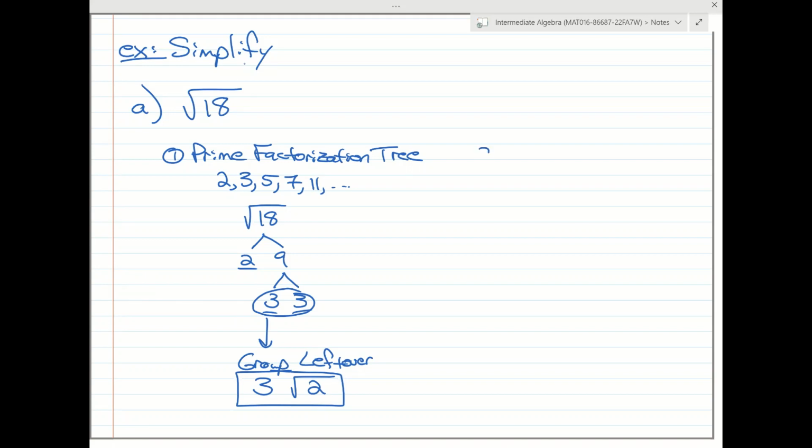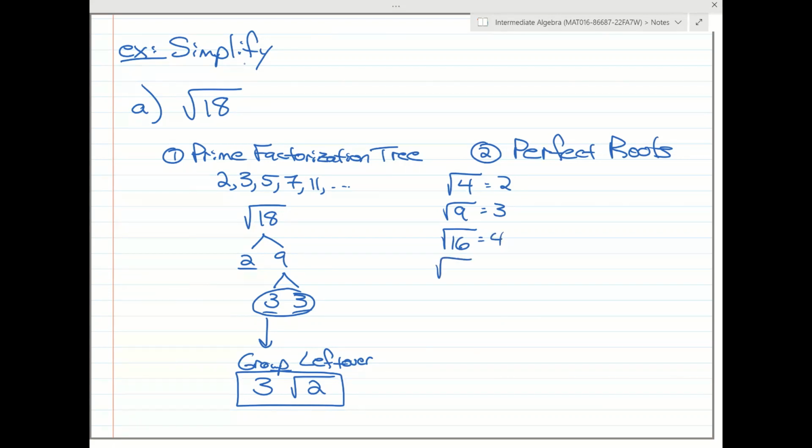Another way to do this is with perfect roots. Perfect roots would be like the square root of 4, or the square root of 9, or the square root of 16, square root of 25, square root of 36, square root of 49, or square root of 64, square root of 81, or square root of 100.